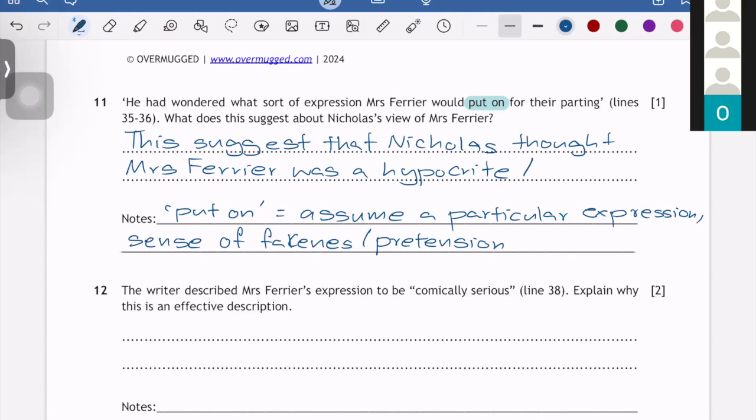So you can say that he thought Mrs. Ferrer was a hypocrite, a fake, or not a very sincere person. Okay, I'm going to move slightly faster due to time constraint.